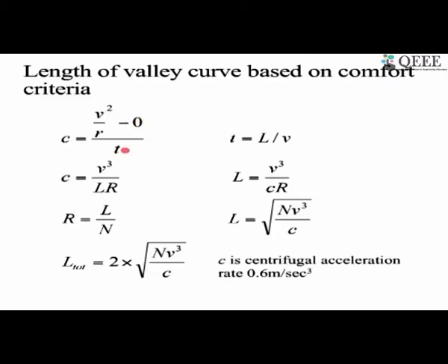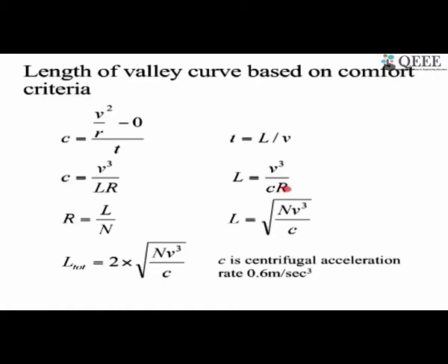So this is the total change, and this is happening over the time t. So this t is nothing but the distance divided by the speed of the vehicle. So if we replace this t here, then centrifugal acceleration is going to be v cube by L r. Now from this we can get L, the length of the curve, as v cube by C r.